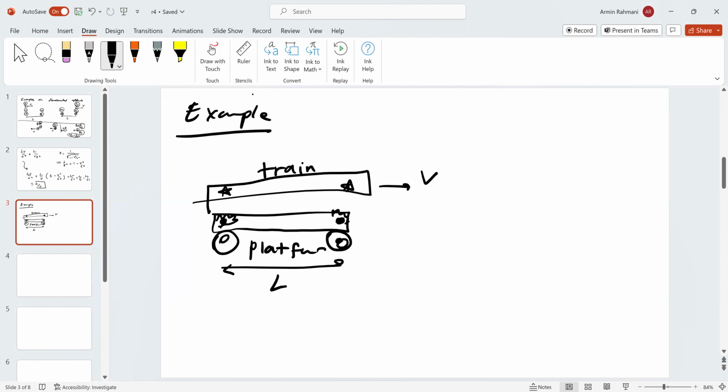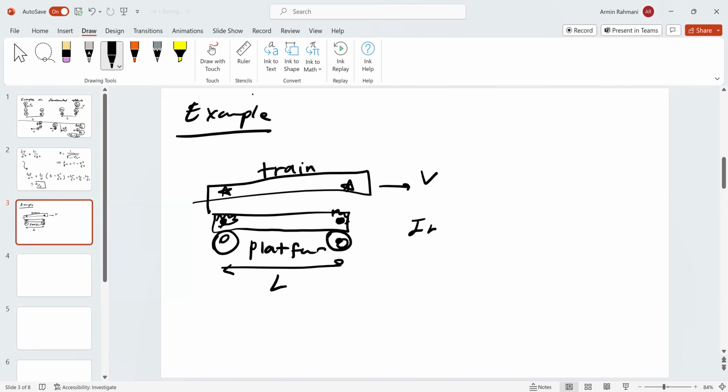Those 2 paint bombs are simultaneous in the platform frame, right? So they essentially measure the length of that interval between 2 marks in the platform frame. We find that to be L, but then we know there's length contraction. So the proper length in the train frame must be larger by a factor of gamma.